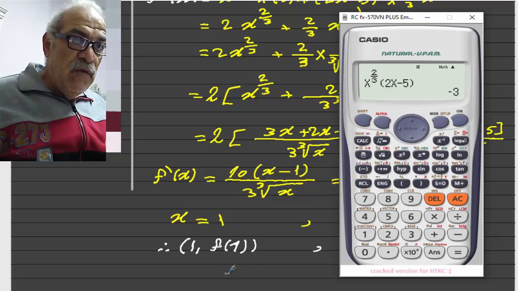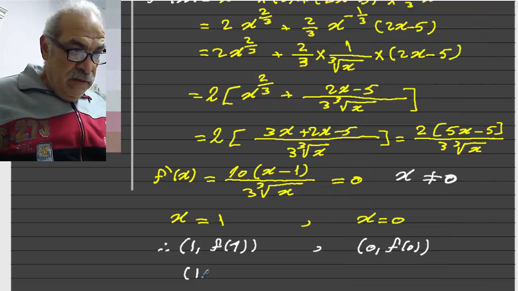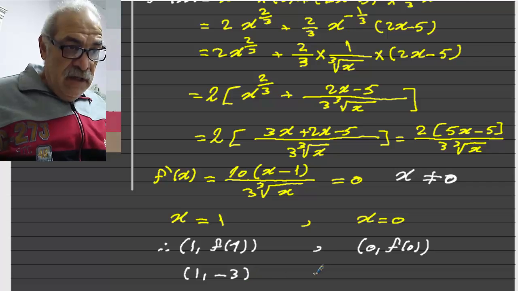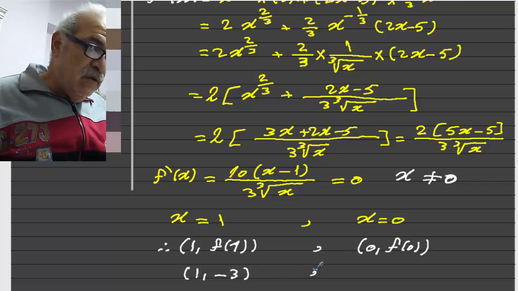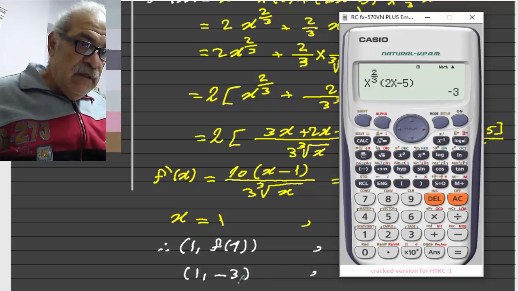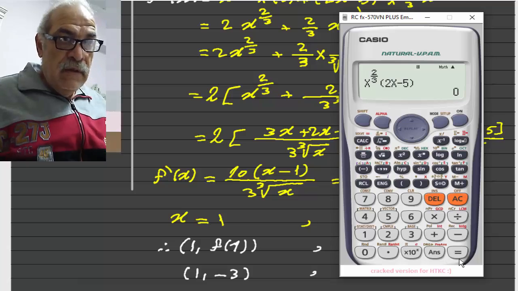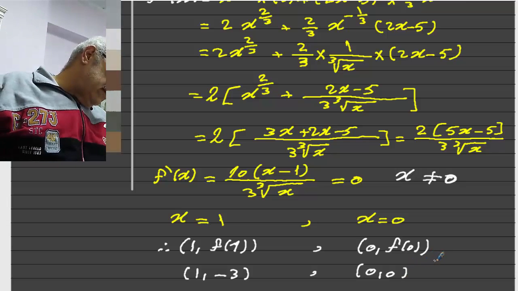So the result equals -3. So 1 and -3 is a critical point, and we calculate for x equals 0. It is equal 0. So the point 0 and 0 is another critical point.